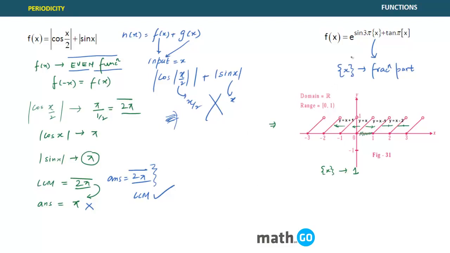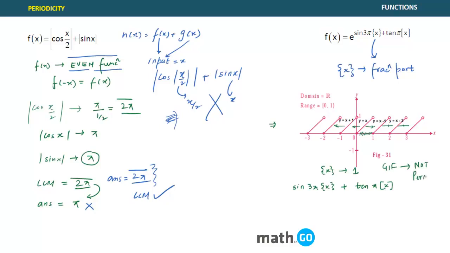Now let us see what is there in the power of this particular answer. It says e raised to the power sin 3 pi [x] plus tan pi {x}. This is GIF and this is the fractional part of x. Please remember, GIF is not periodic first of all.